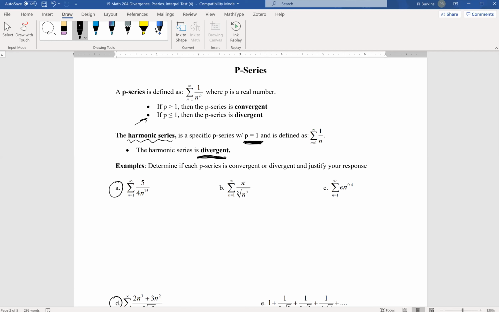So if I ever give you a problem and you see this, all you have to do is just say harmonic series, therefore divergent. It's a really well-known series, and we know that it diverges.